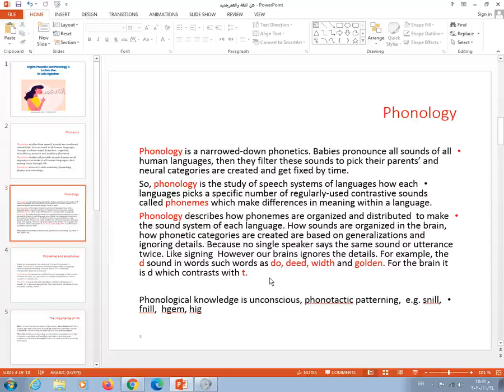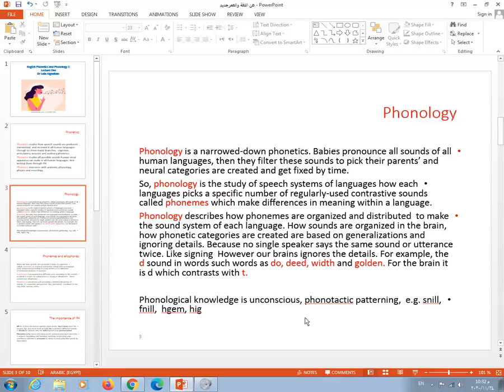of phonology and how we store and organize in our brains the sounds of our language. These sounds get fixed, and our speech habits also get fixed by time, and we start creating phonetic categories in our brain. This is why we say that our phonological knowledge is really unconscious.